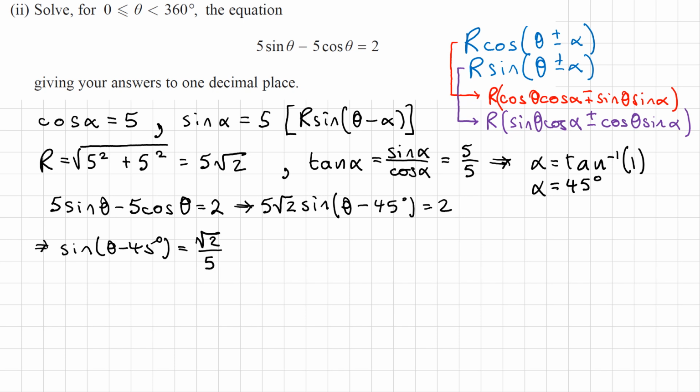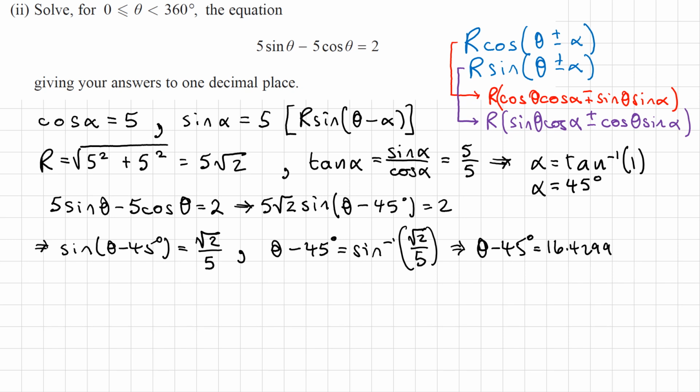We'll now do the sine inverse of both sides to get the value of theta minus 45. And remember, we're still in degrees. So our principal value for theta minus 45 is 16.42994, and it continues. I want to find other solutions, if there are any, for theta minus 45.